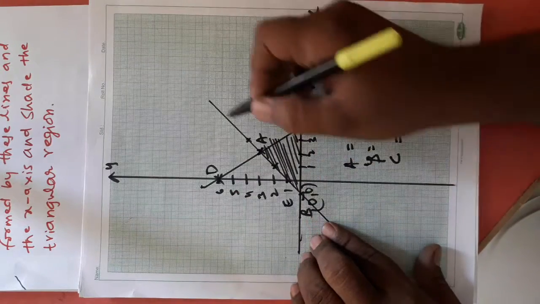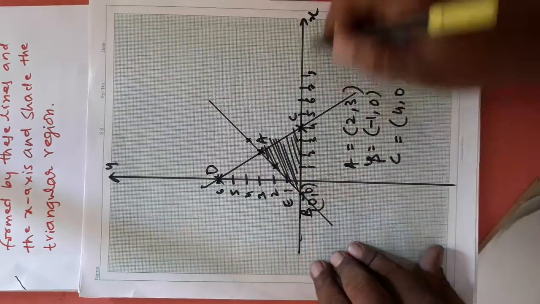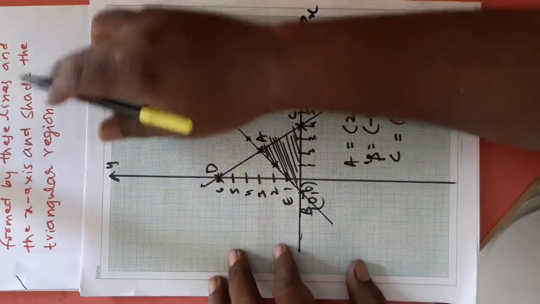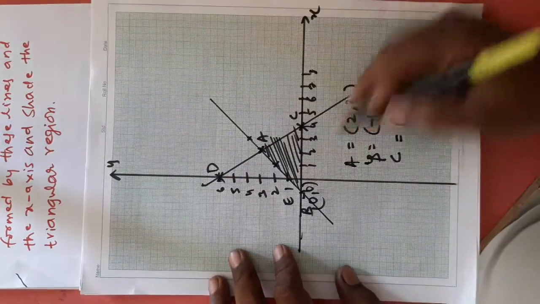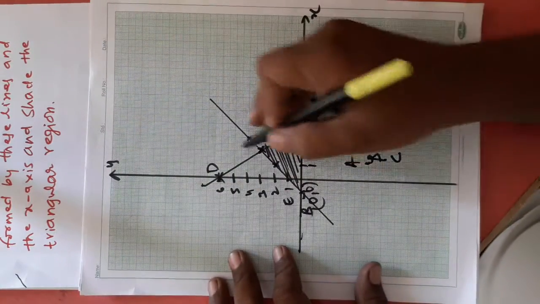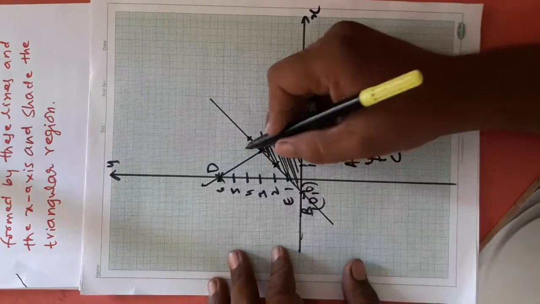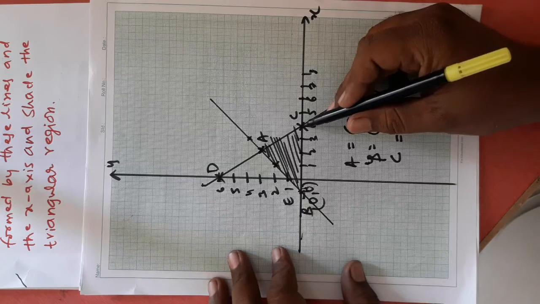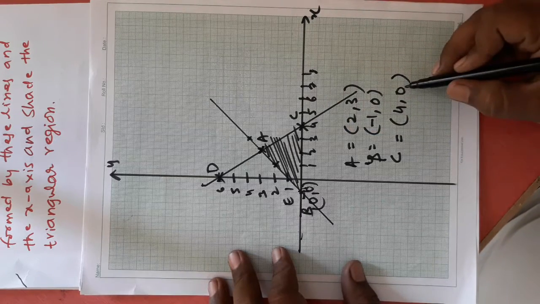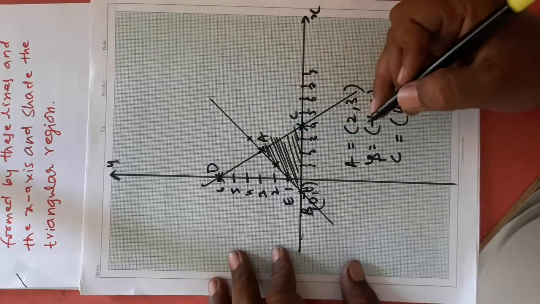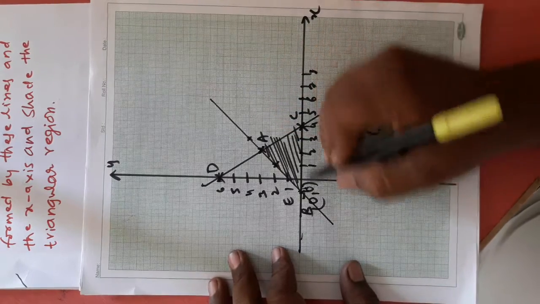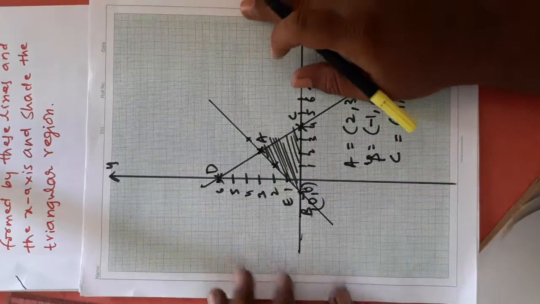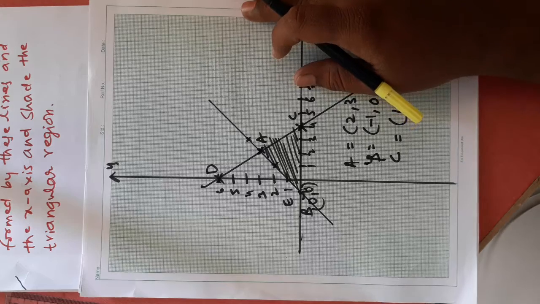ABC is the triangle formed by these two lines with x-axis. Coordinates are 2, 3, minus 1, 0, and this point C is 4, 0. Then they asked you to shade the triangular region. You can shade it. Okay, this is the last question of exercise 3.2.